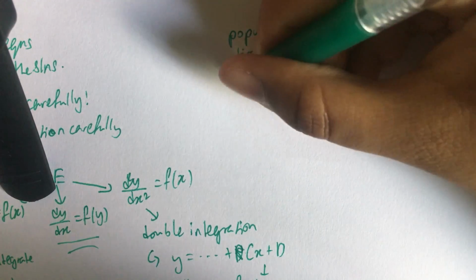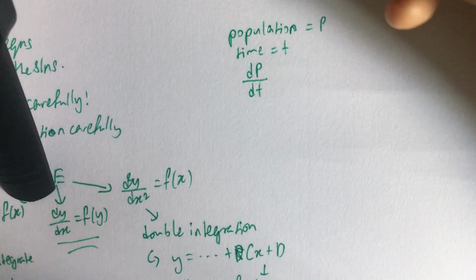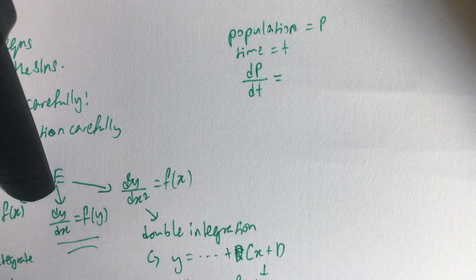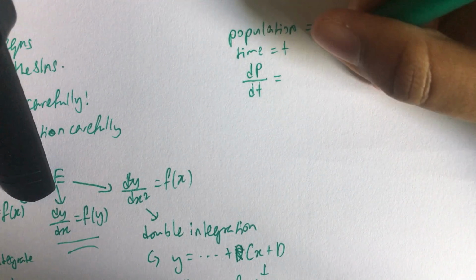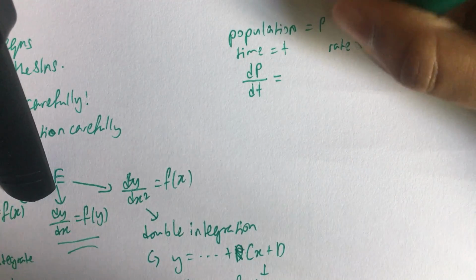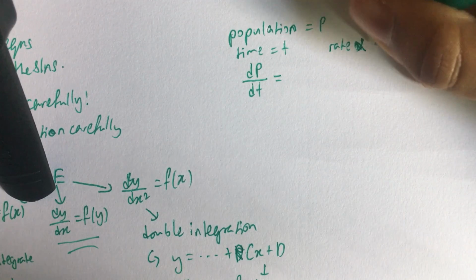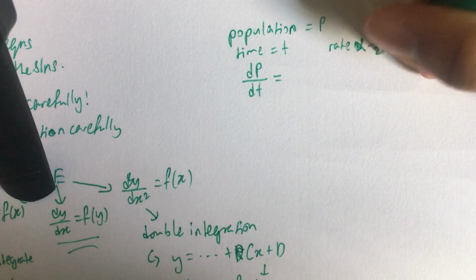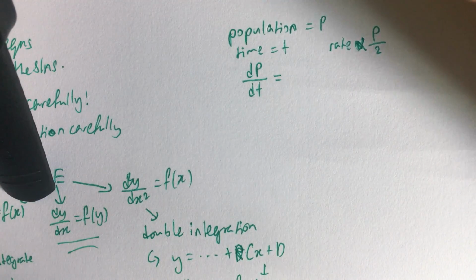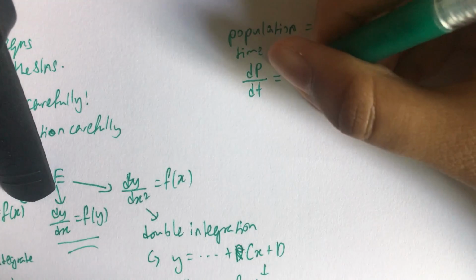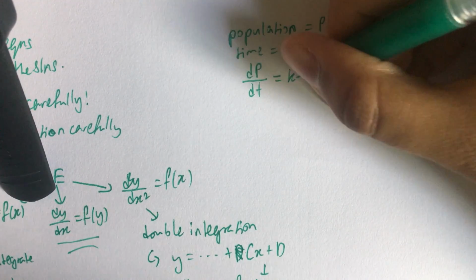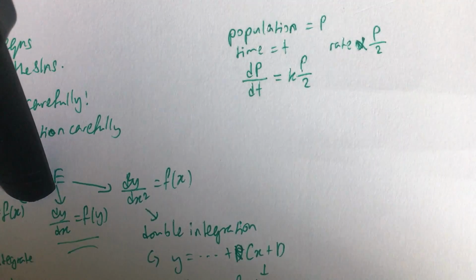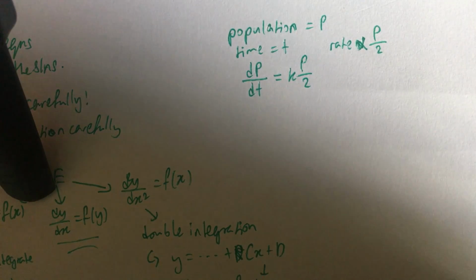Let's say population is the thing that you want to find, so the population number is y, and the rate is dy over dx, and it says that the rate of population growth is directly proportional to half of the population or something like that.